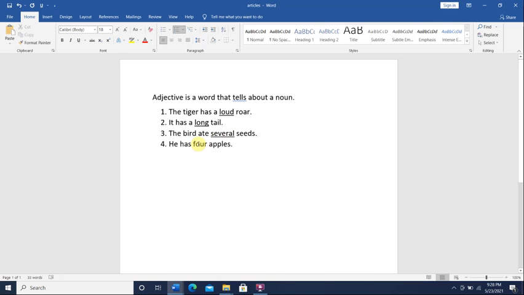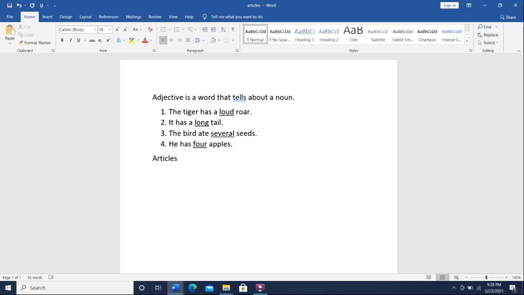So it can be a word that tells how many, or it can be a number, because it tells you how many things a person has, like many, few, several. These are all adjectives. Okay, so today we'll be revising something called articles.